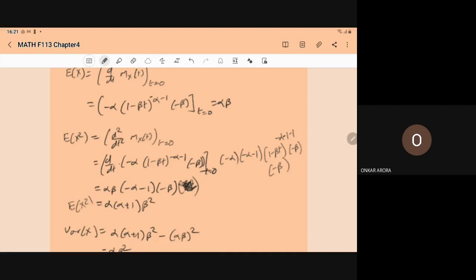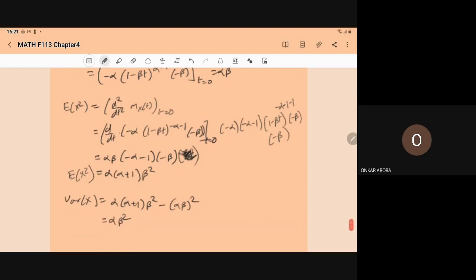And we know the computational formula for computing the variance. So variance of X is E of X square minus the square of E of X. Both values we have: alpha into alpha plus 1 into beta square minus square of alpha beta. So it will become alpha square beta square plus alpha beta square minus alpha square beta square.